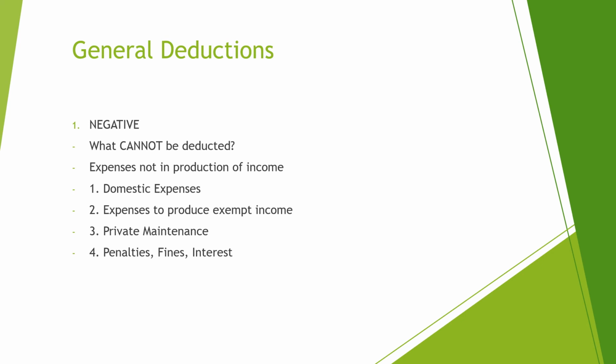With negative, this is easy and straightforward, because the tax law decides for us what cannot be deducted. So I really recommend that if you're not sure whether your expense can be deducted or not, this should be your starting point: is my expense listed in this list where the tax laws have stipulated that the expense is not deductible?